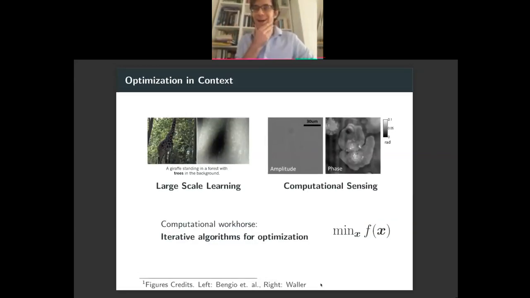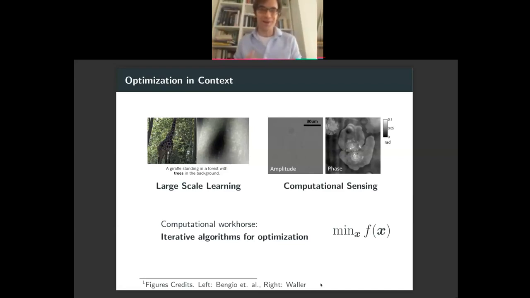So I guess for this group in this seminar, I don't have to tell you that optimization is important. I don't have to tell you what an increasingly prominent role optimization is playing in industry, in daily life, across our society.